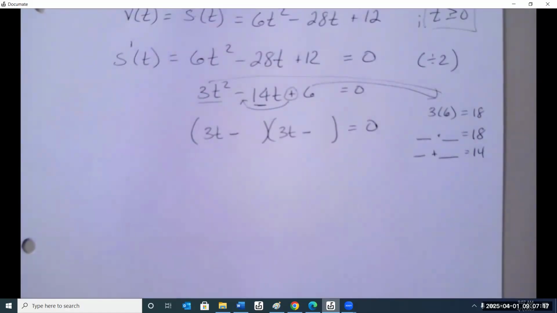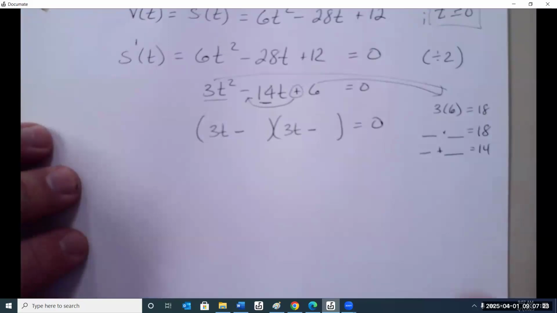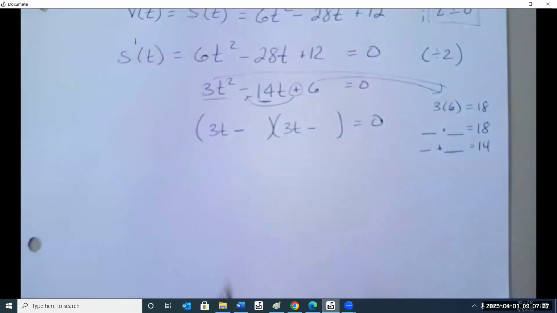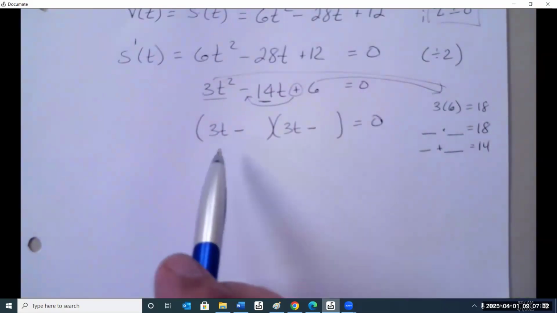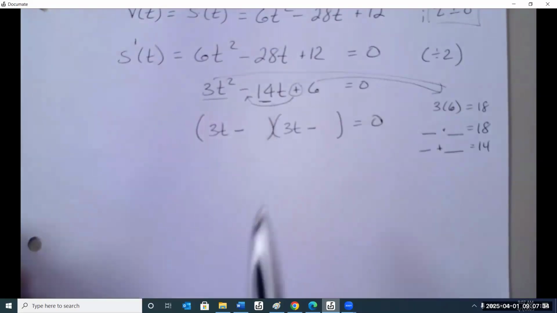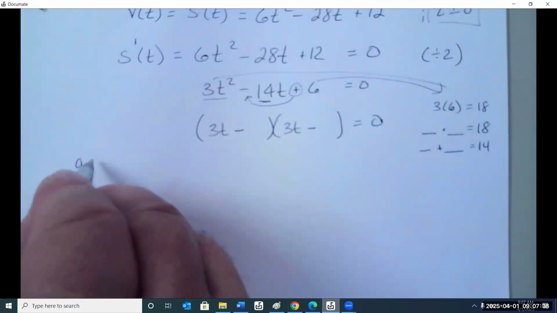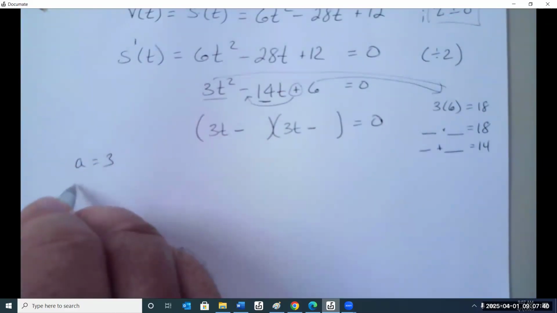This method for factoring is a lot easier. I'll come back to this one in a second. It's much better than what a lot of teachers tell you, that if you can't factor it, it's much more difficult. No. So since we can't do this, we have to use the quadratic formula.